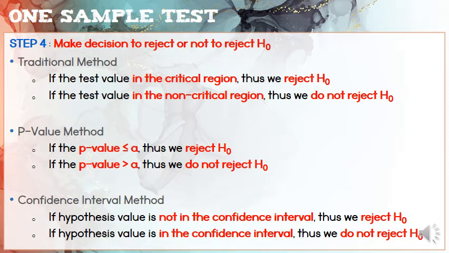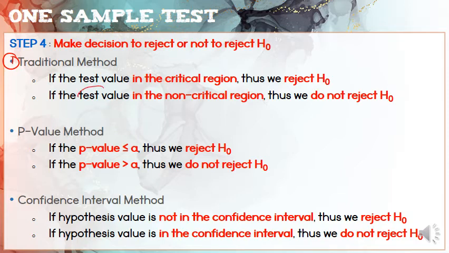So kita ada 3 method. Untuk the first method, traditional method, if the test value is in the critical region, we reject H null. If the test value is in the non-critical region, we do not reject H null.